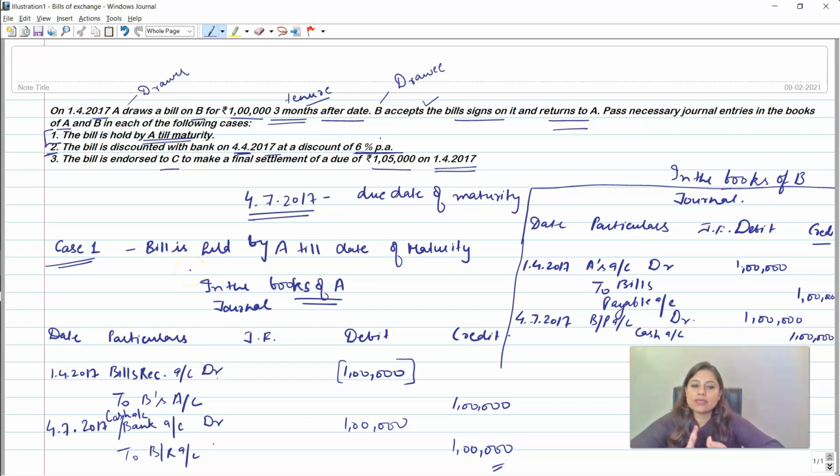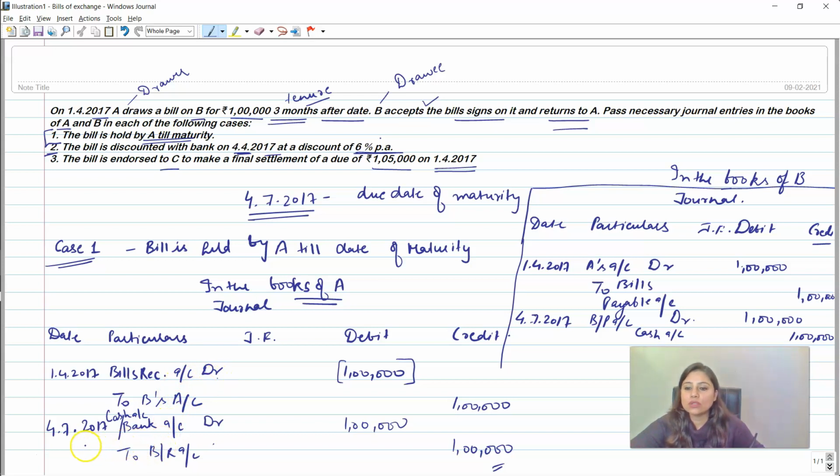It is not required that you simply try and cram those journal entries. You need to understand why such entries and why such impacts are being given. Like here, the bills receivable was created as this bill was supposed to be received after 3 months, on the date of maturity.